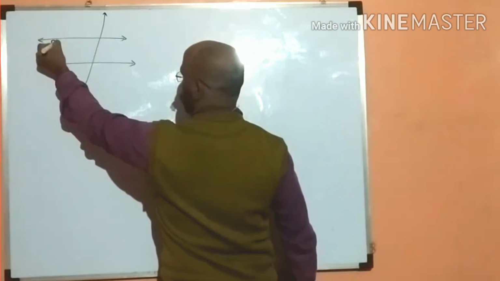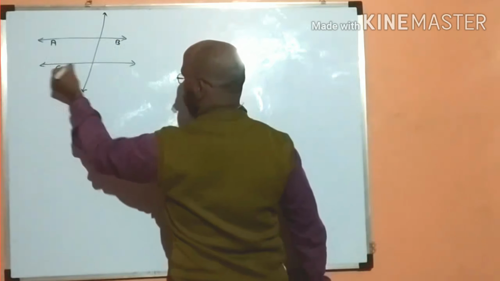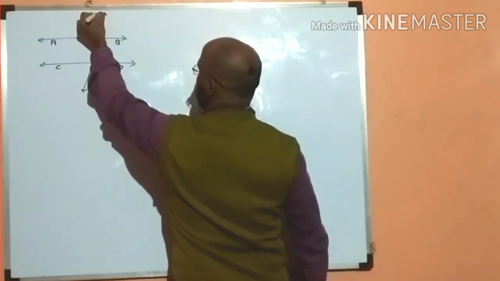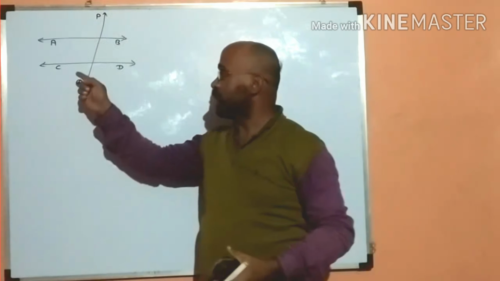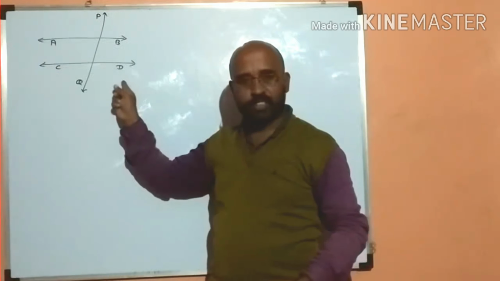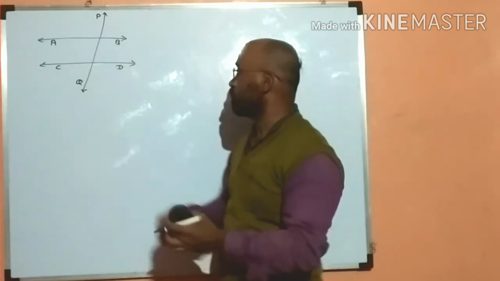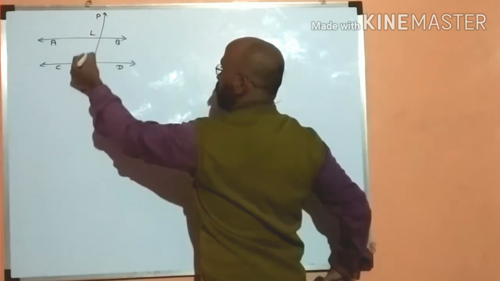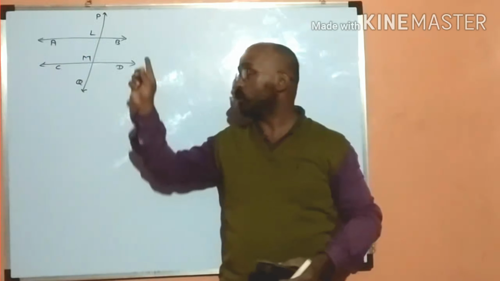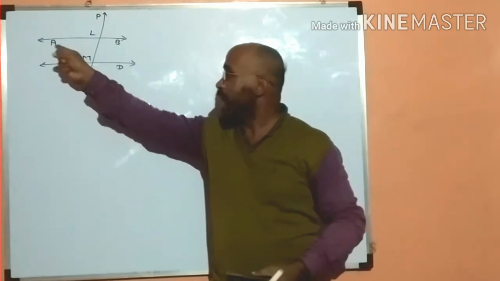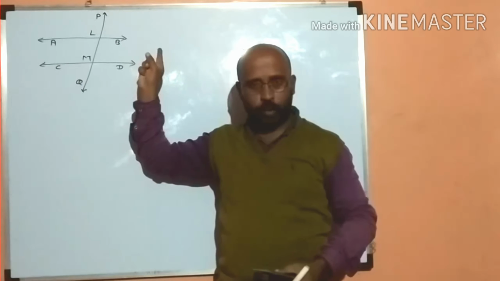In this figure, suppose this is line AB, this is line CD, this is line PQ. So line PQ is intersecting line AB and CD at two different points. Suppose this is point L and this is point M. So PQ is a transversal because it intersects two lines. AB, is it intersecting two lines?